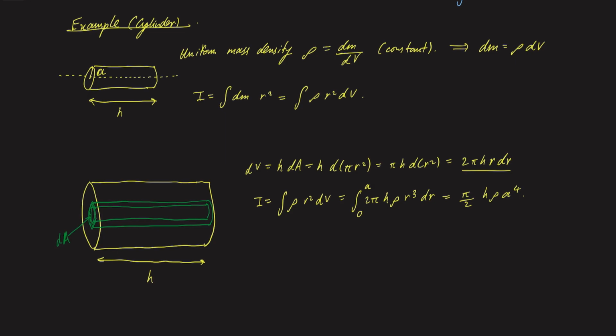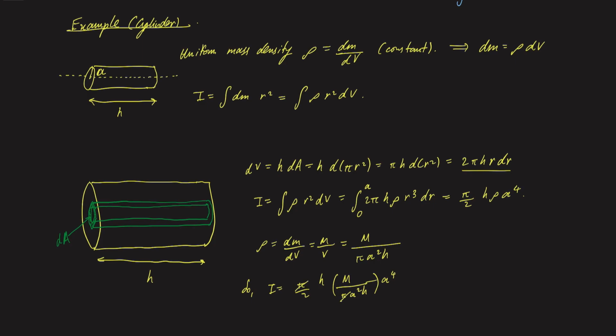Now, we can go a step further and simplify this by noticing that because rho is constant, it's equal to the total mass of the cylinder divided by its total volume. And so the volume of the cylinder is just pi a squared h. So we have that I is equal to pi over 2 times h times rho, which is this quantity, times a to the 4th.